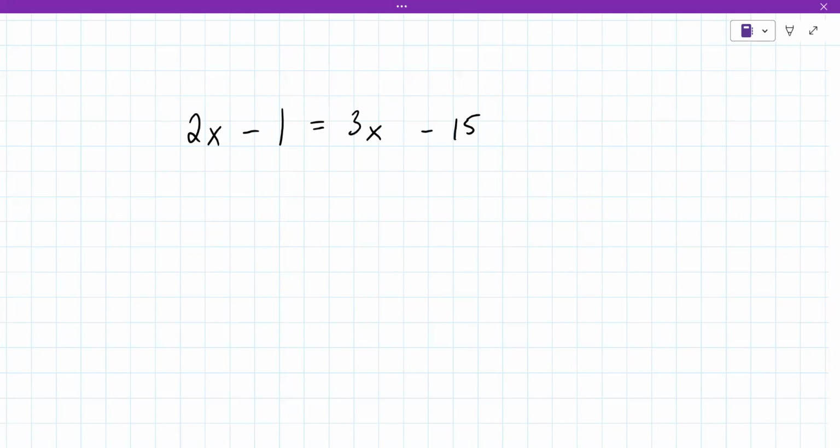Plus 1. 5x equals, well, oh, shoot, never mind. Try again. Wait, divide by 5. Wait, did I do this right? So I did it wrong.